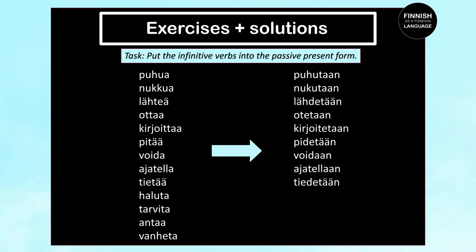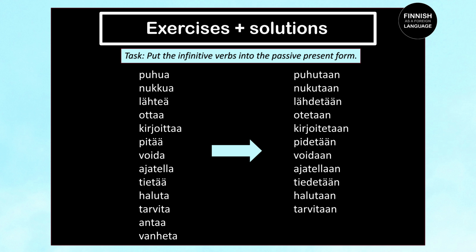Next one, haluttaa. Verb type 4 means to want. The passive present is... great. Yeah, it's halutaan. Halutaan. Next one is tarvita. Verb type 5 means to need. The passive present is, yep, that's tarvitaan.